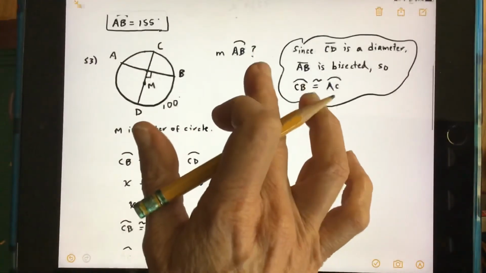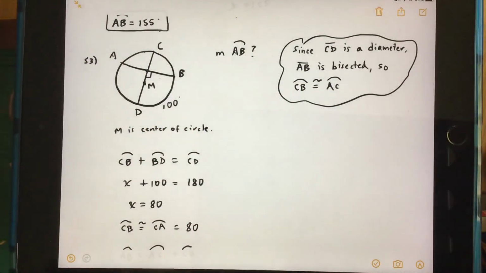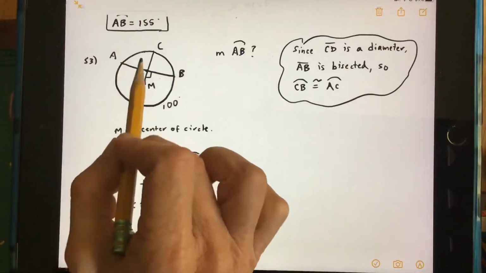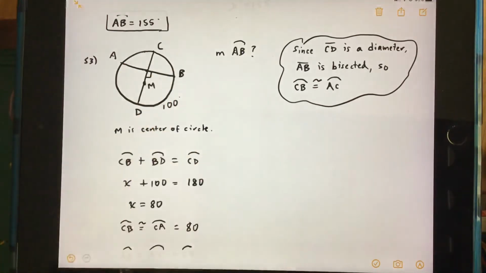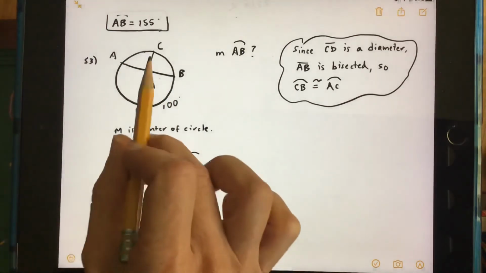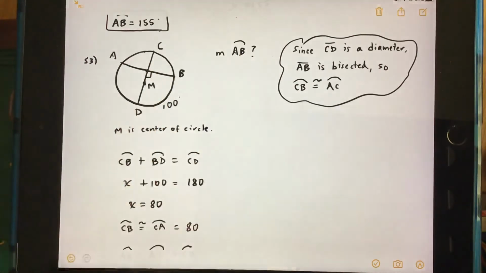Sample 3. On sample 3, we're given this diagram to work with, and we're asked to figure out what is the measure of arc AB. So we're going to need to put together AC and CB. Our first step is figuring out what the arc measurement is for CB.